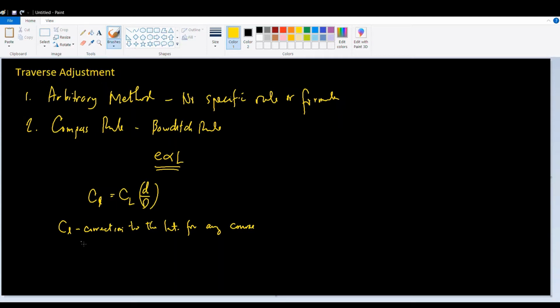So for line 1 or line AB or whatever, we denote it by C sub L. And then C sub capital L refers to the misclosure in latitude.